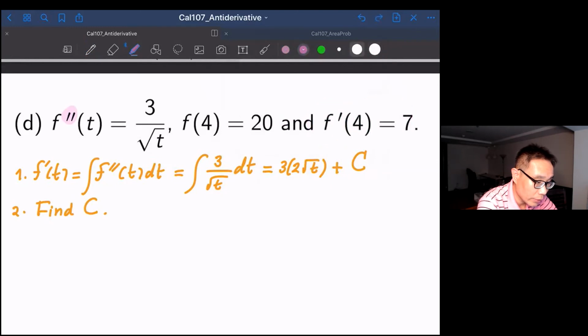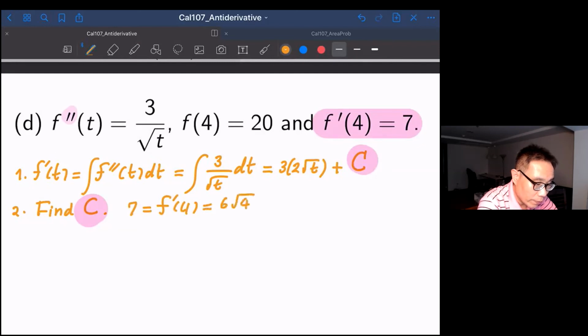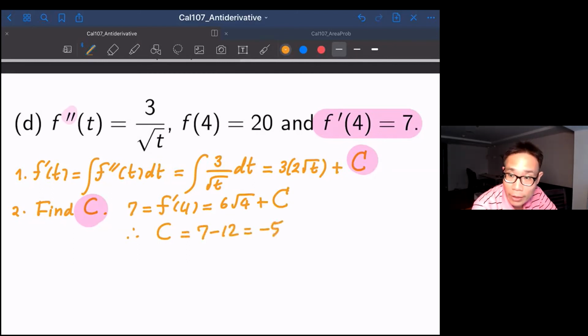So 7 equals f prime 4 equals 6 root 4 plus c, and then c equals 7 minus 12 equals negative 5.